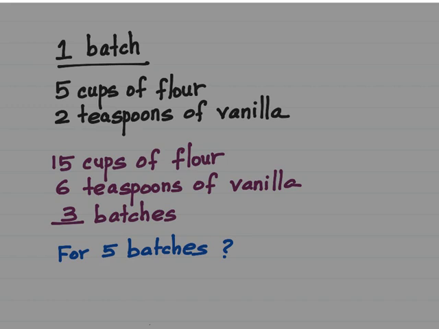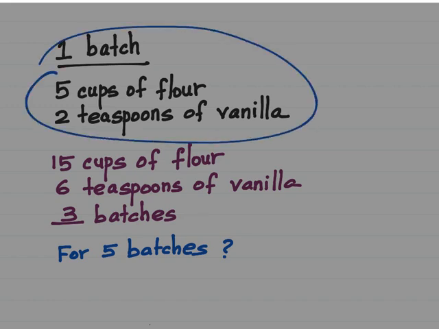The next question is, to make 5 batches of cookies, how much flour and vanilla do we need? This is the value for one batch, right? To make it into 5 batches, multiply the measurement values with 5.